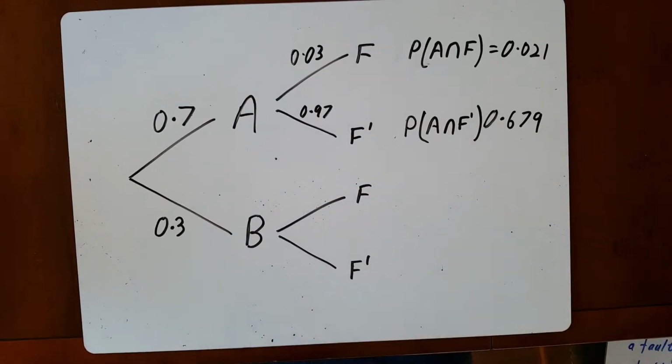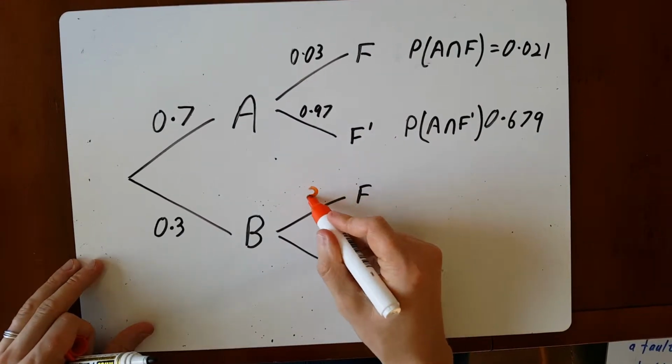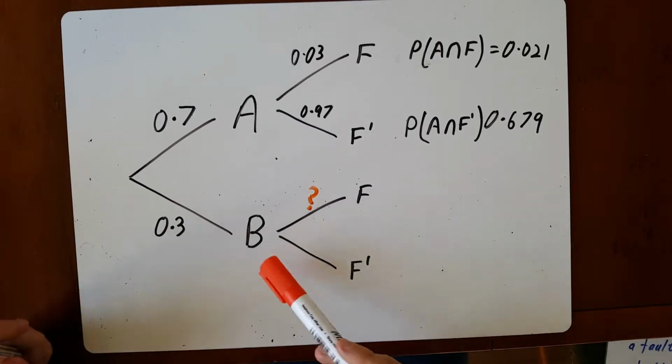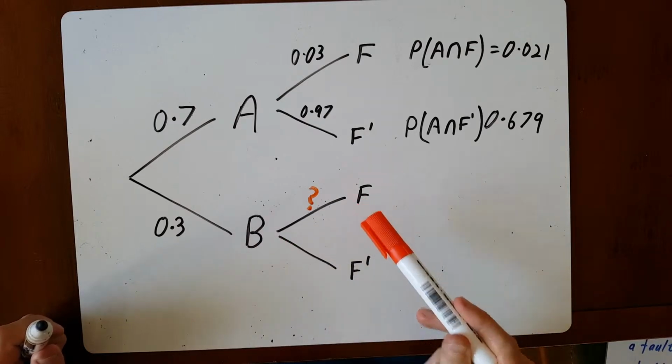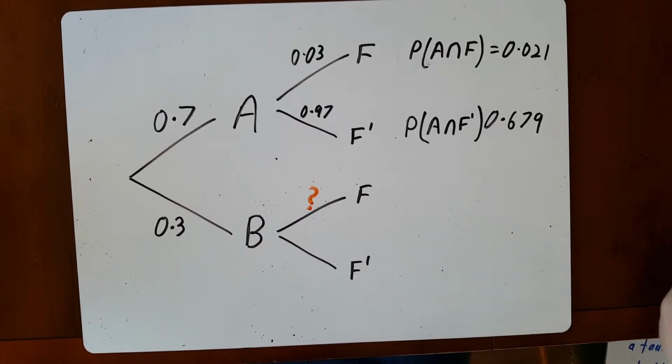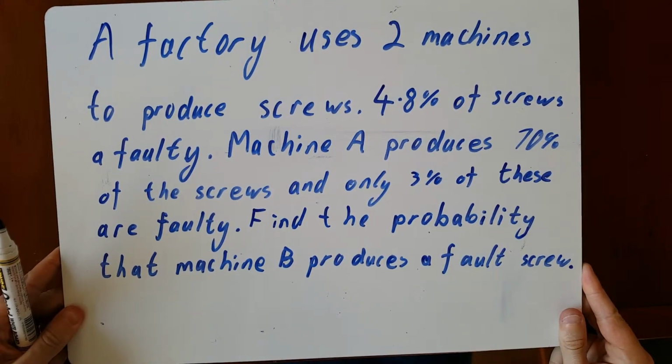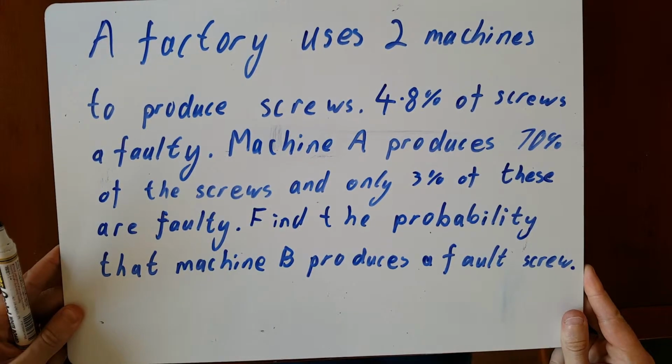So the question has asked me for this number here. That's what I want to know. The probability that a screw produced by B is faulty. So if we just look at the question again, they told me that the total probability of a faulty screw is 4.8%.